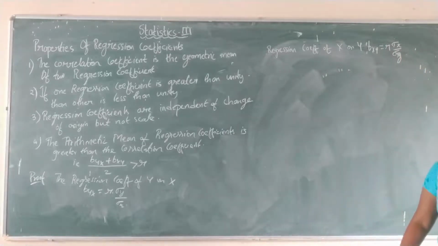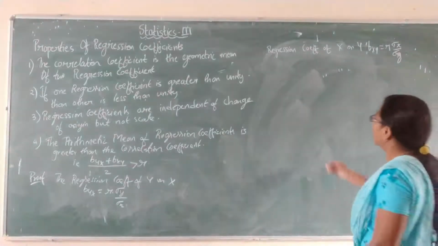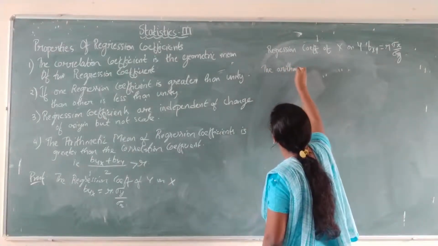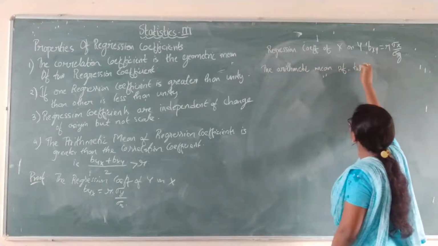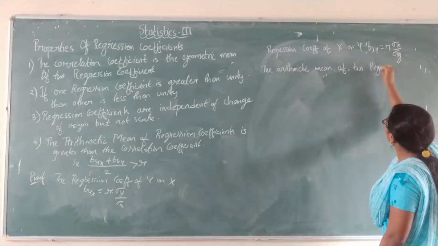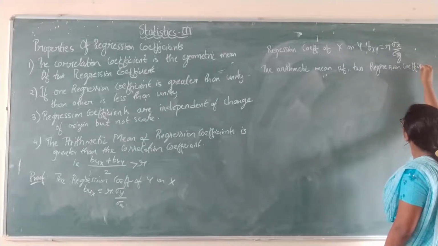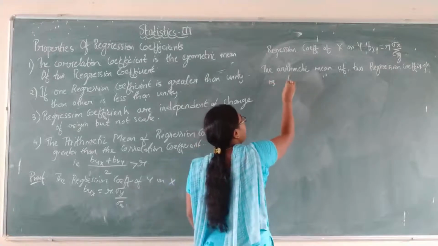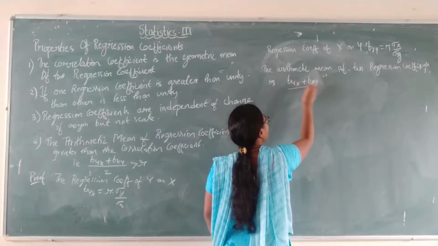So these are the two regression coefficients. Now what we have to find? We have to find the arithmetic mean. So write down the arithmetic mean of two regression coefficients. How do you write the arithmetic mean? b_yx plus b_xy by 2.